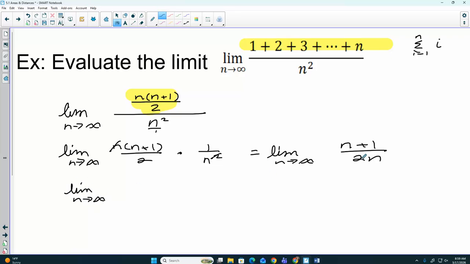I could split that up. If I did n over 2n, what would that simplify to? Plus 1 over 2n. If n's going to infinity, 1 over 2n is turning into 0, so I get 1/2 plus 0, which is 1/2.